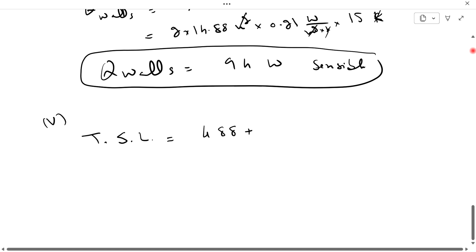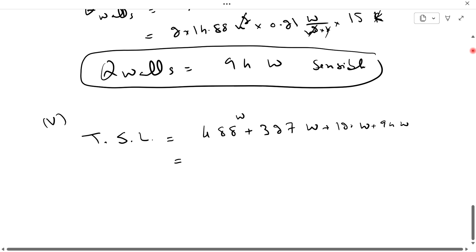Second part, infiltration, is 327 watt, and third part, lighting, is 120 watt, and fourth part, walls, is 94 watt.